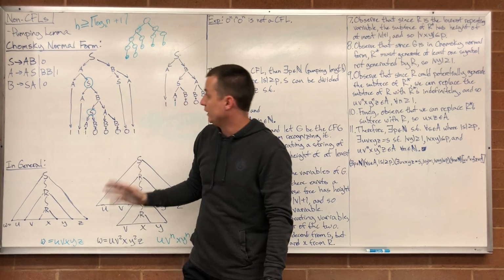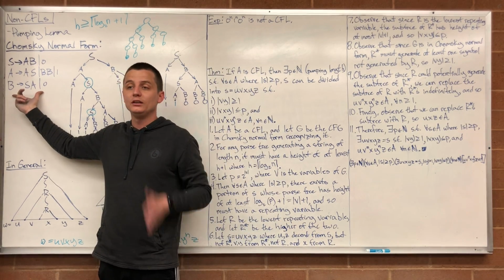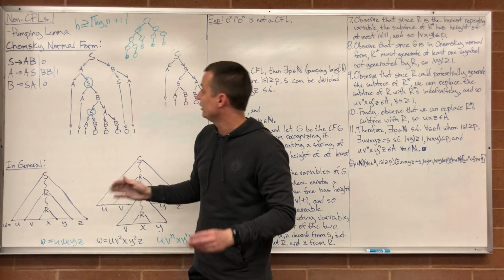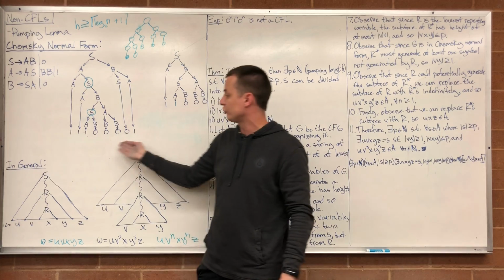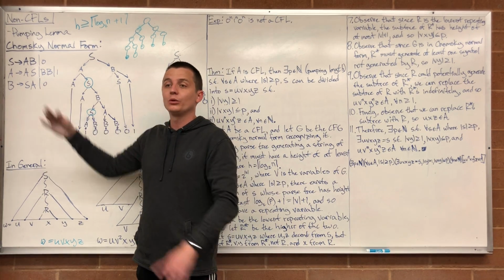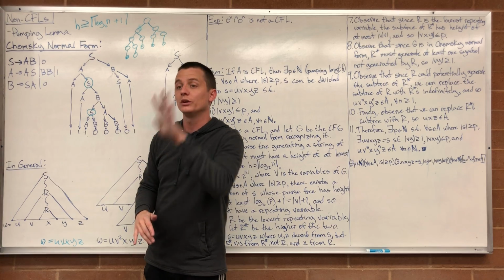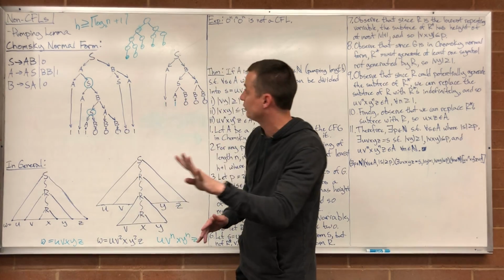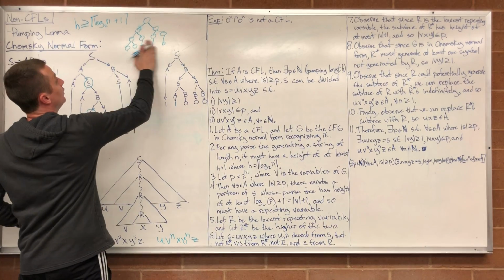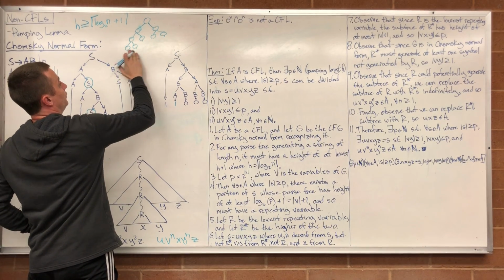So our pumping length for this grammar is going to be 2 to the power 3, or 8. And what we're going to notice is that any parse tree that generates a string of at least 8 with this grammar is going to have to use 4 variables. It's going to have a height of at least 4, so it's going to have to use at least 4 variables.